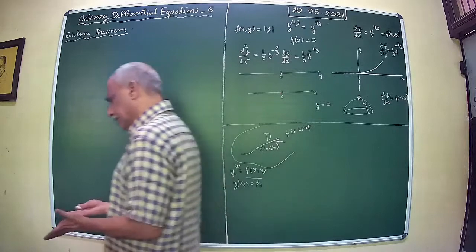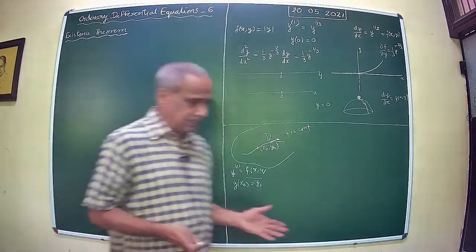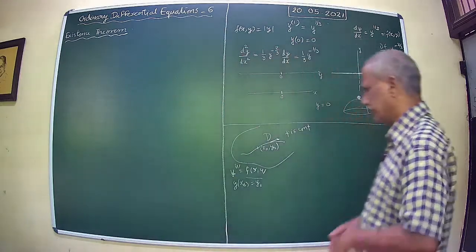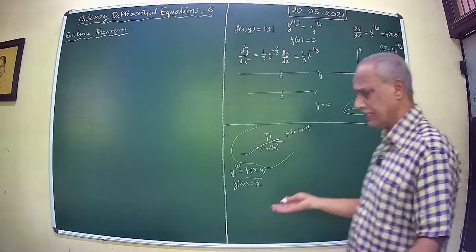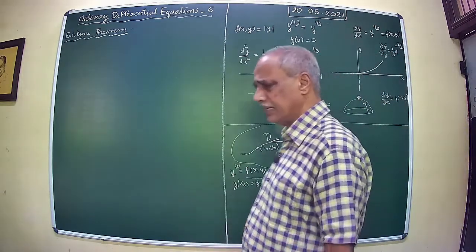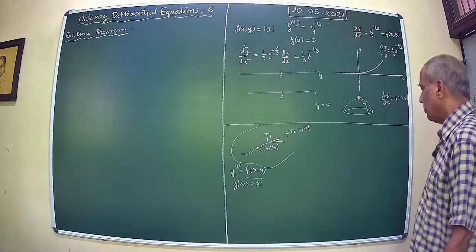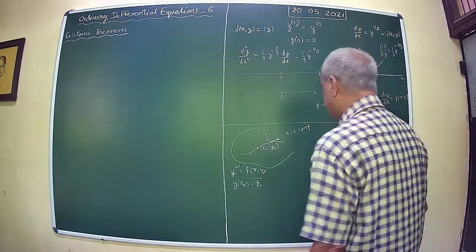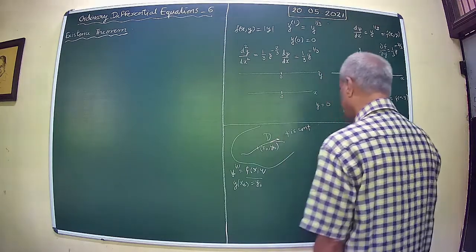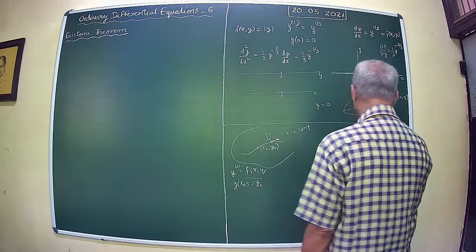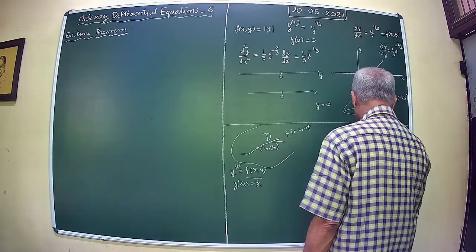As I said, we are going to start by proving the existence locally. I will worry about the global question, how large an interval you can take on which the solution exists, at the next stage. Before that, we take D to be open and connected. So you take the point x0, y0 in D.